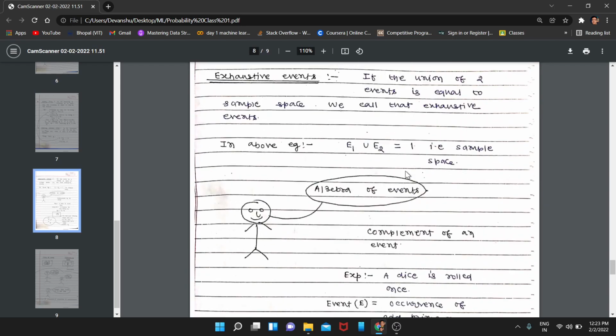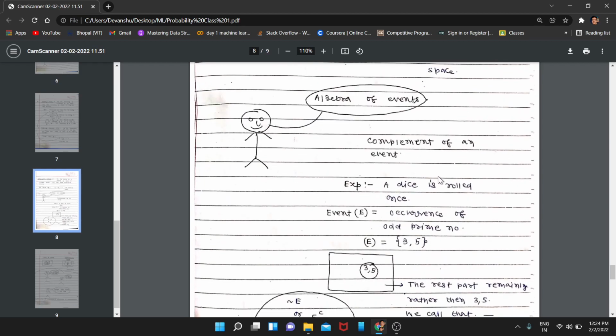Now, let us look at the complement of an event. What is the complement of an event? Suppose that we are doing an experiment. We are rolling a dice.